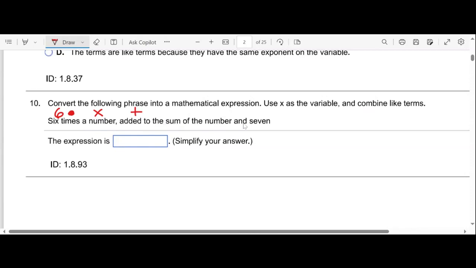The sum of the number and 7. So you're going to say 7 plus x. Okay? 6x plus 2, so your final answer will be 6x plus 2 plus 7 plus x, which gives you what? 7x plus 9. That's your final answer.